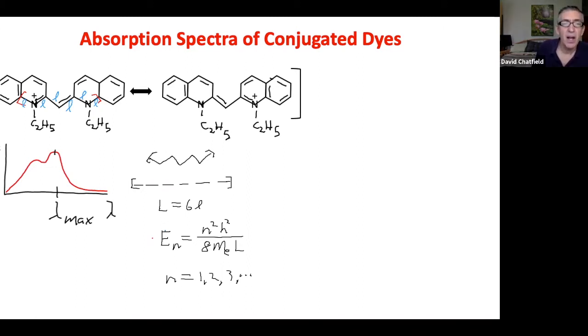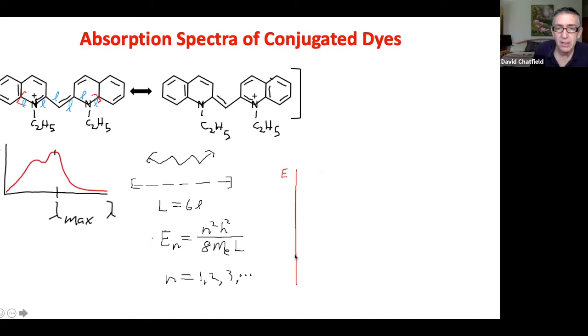Well, when my molecule absorbs light, it will be making a transition, as we saw before, and that will be, in this case, between the HOMO and the LUMO. That would be the lowest energy transition possible, and that's the one we're talking about. So let me draw a little diagram. This will be energy vertically.